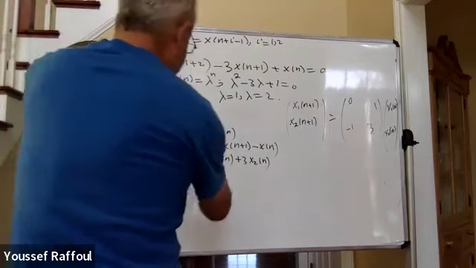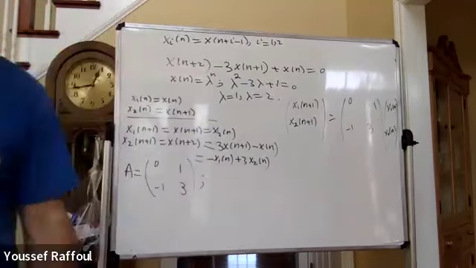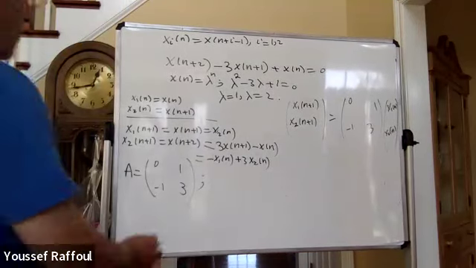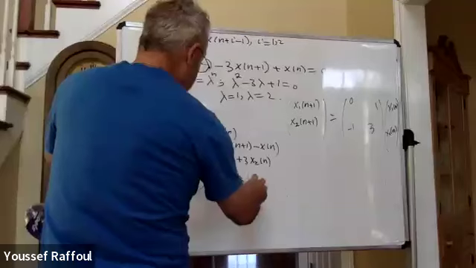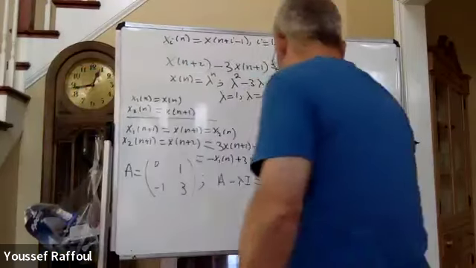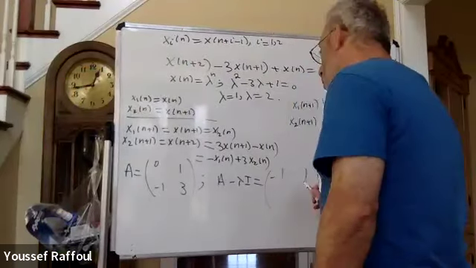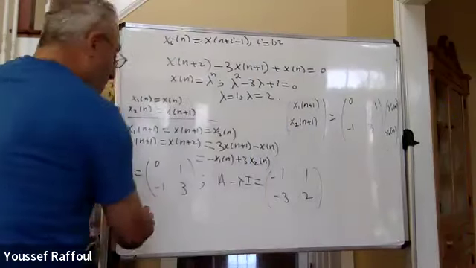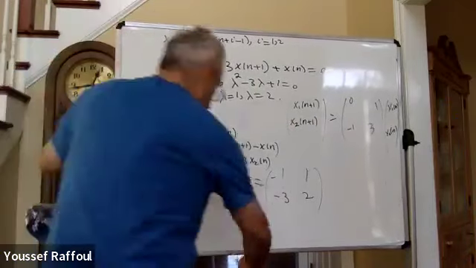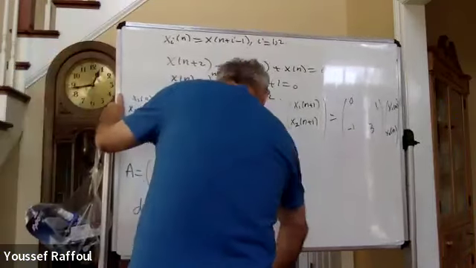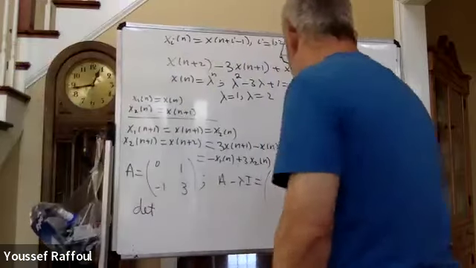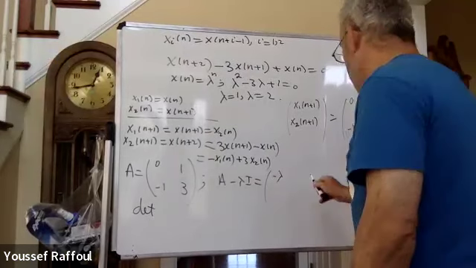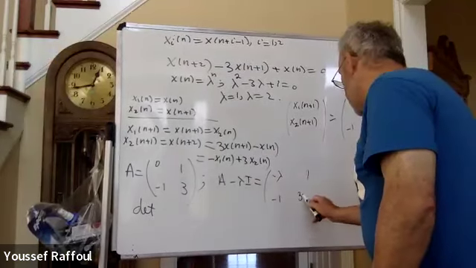Let's try to look for the eigenvalues. I know we have not defined the eigenvalues, but you all know what an eigenvalue is. Let's take a look at A minus lambda I. That will be minus lambda, 1, minus 1, 3 minus lambda.